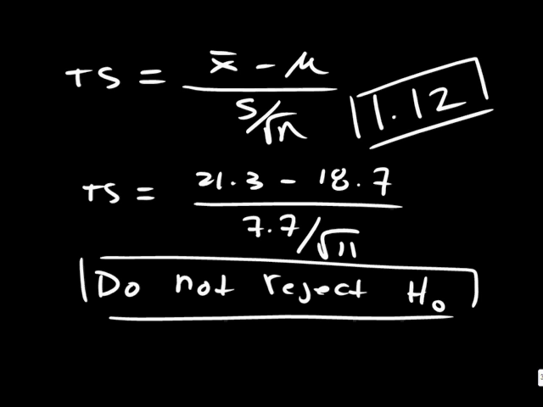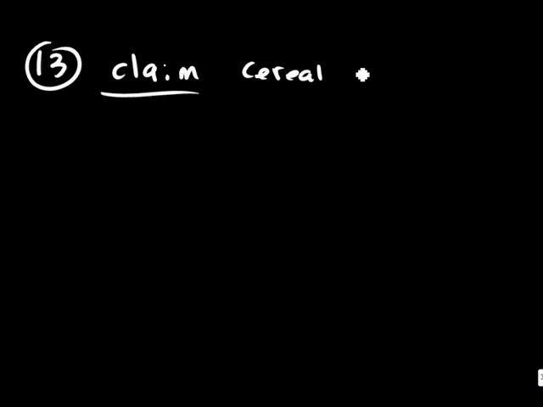Question 13. A cereal company claims the mean weight of cereal in its packets is at least 14 ounces. So the claim: cereal weight has a mean that is at least greater than or equal to 14, and this is in ounces.